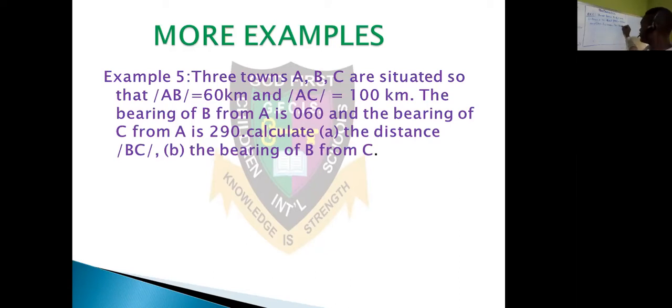The bearing of B from A is 60 degrees, and the bearing of C from A is 290 degrees. Find BC, and the bearing of B from C.